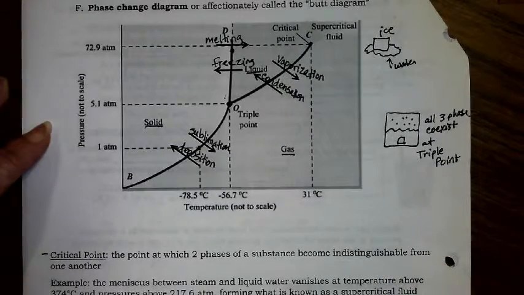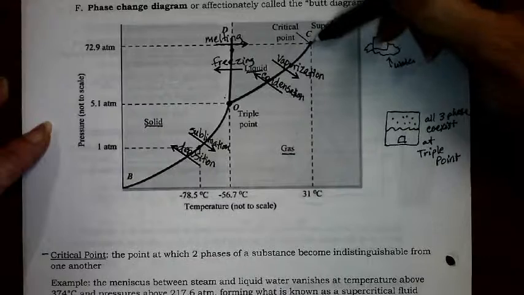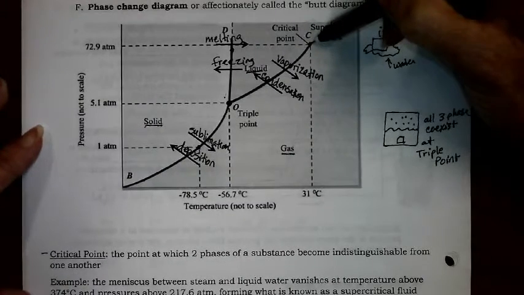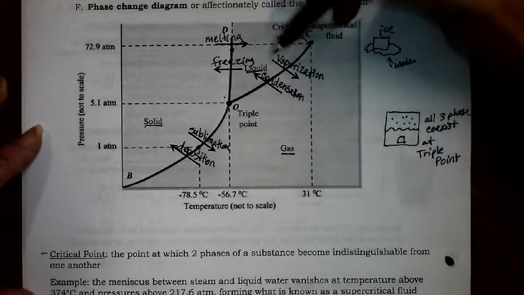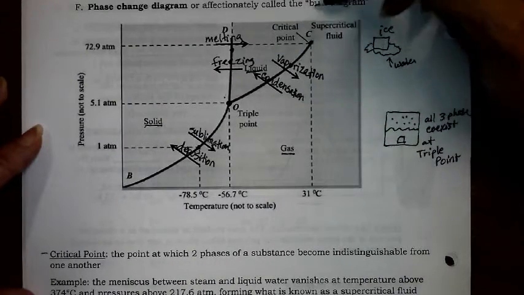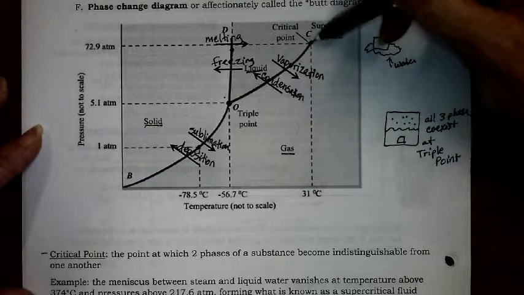The other point I want to mention is this critical point, which is up here. It is the point at which 2 phases of the substance, you can't tell the difference between them. Those 2 phases are liquid and gas. When you pass the critical point, notice how this line just ends very abruptly.